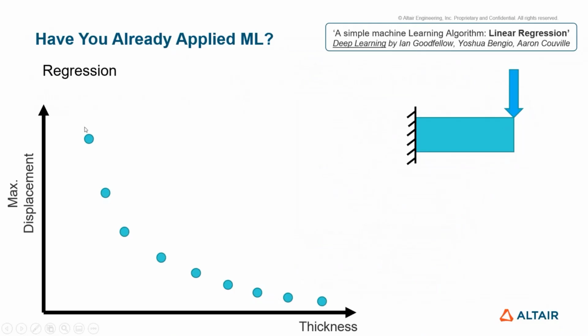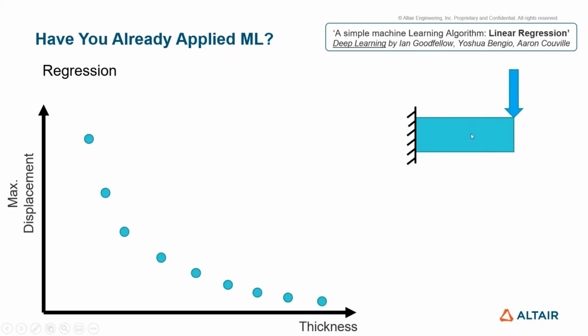Now I will do a deep dive into what a regression problem is and how regression works. As I said, a regression problem is when you are trying to predict a continuous variable. It can be a time, a cost, or a displacement. In an engineering CAE problem, suppose this is a cantilever plate.